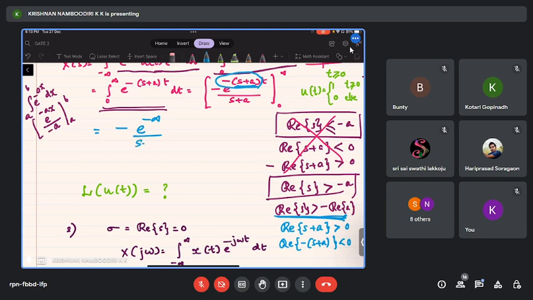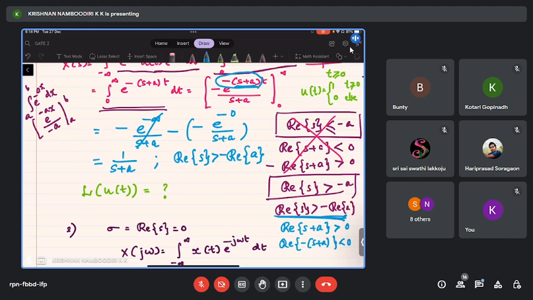So divided by s plus a, minus of minus e power minus t equal to 0, means everything will go to 0 divided by s plus a. So e power minus infinity is 0, divided by 1 divided by s plus a, correct? Provided that the real part of s is greater than minus the real part of a.